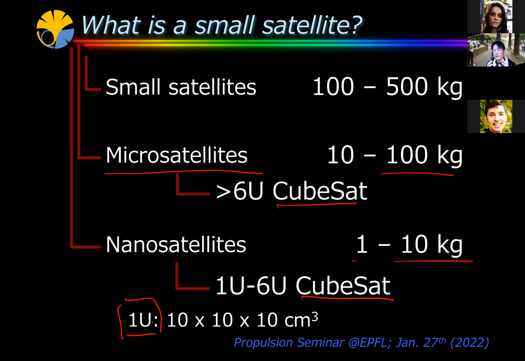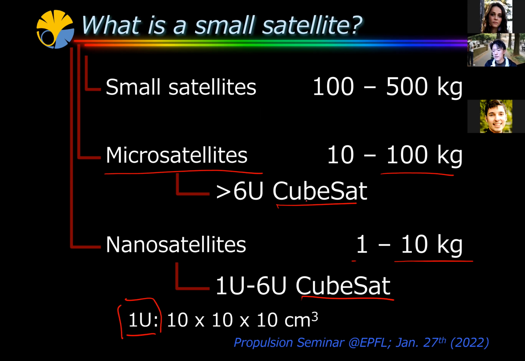If you combine several 1U units, those satellites are called, for example, a 3U CubeSat. In this case, the satellite size would be 10 by 10 by 30 centimeters. In the case of a 6U CubeSat, the size would be 10 by 20 by 30 centimeters.